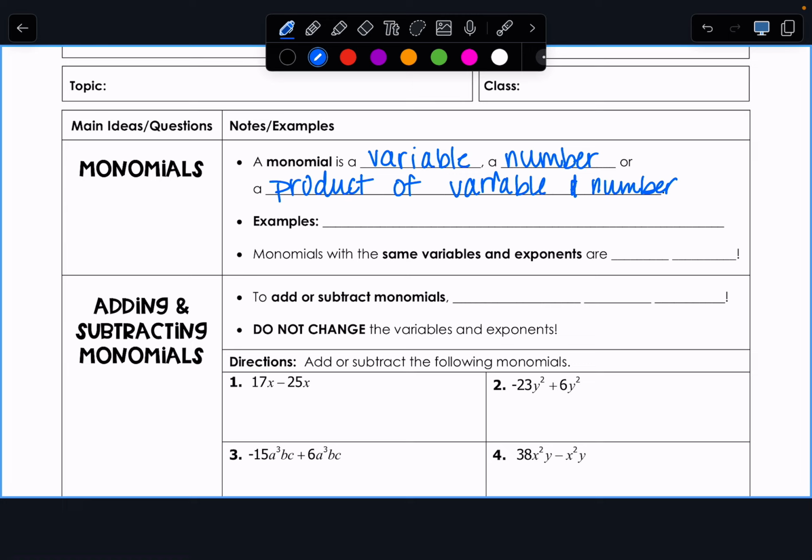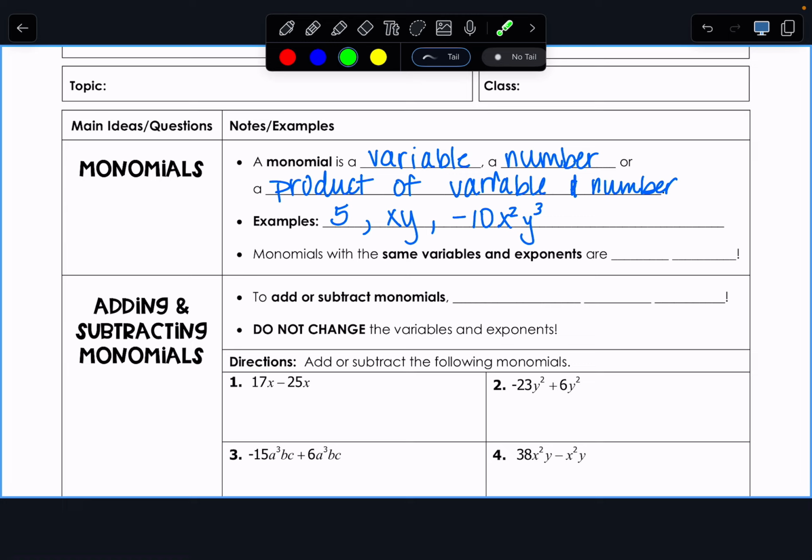So maybe we have the number 5, maybe we have something like xy, maybe we have something like negative 10 x squared y cubed. That would be a monomial. A monomial is numbers and or variables multiplied together. So this is a monomial, this is a monomial, this is a monomial.